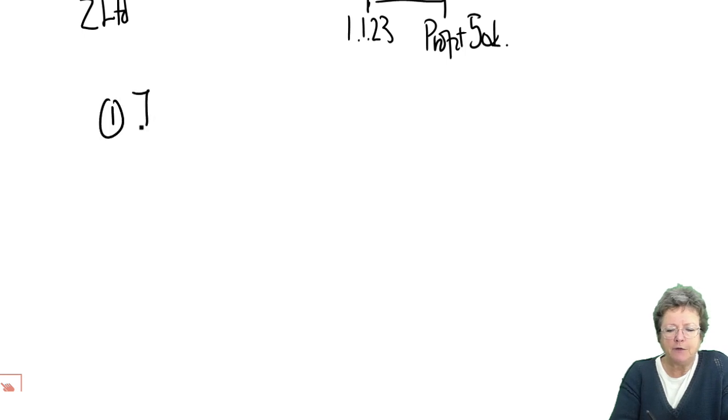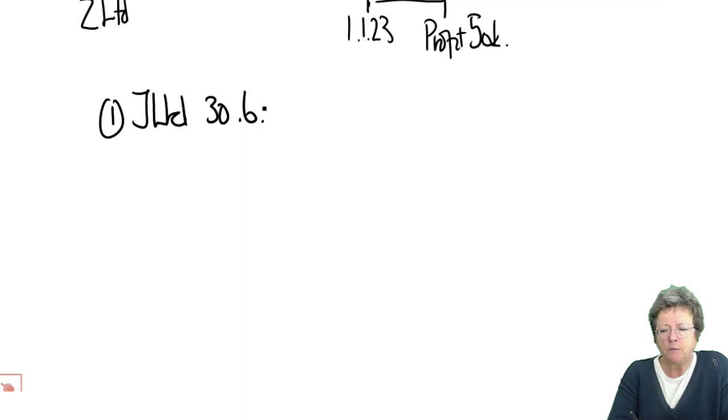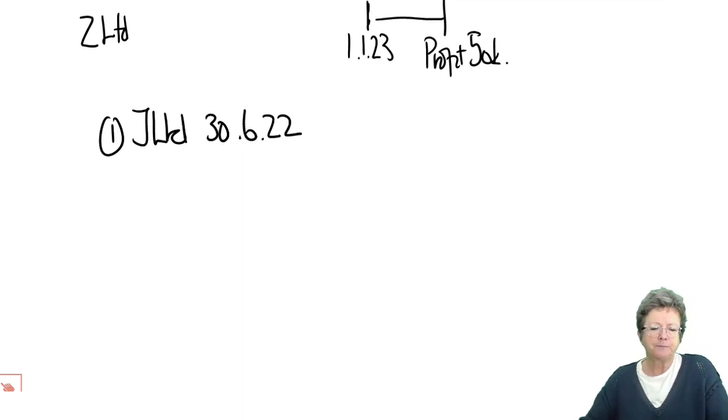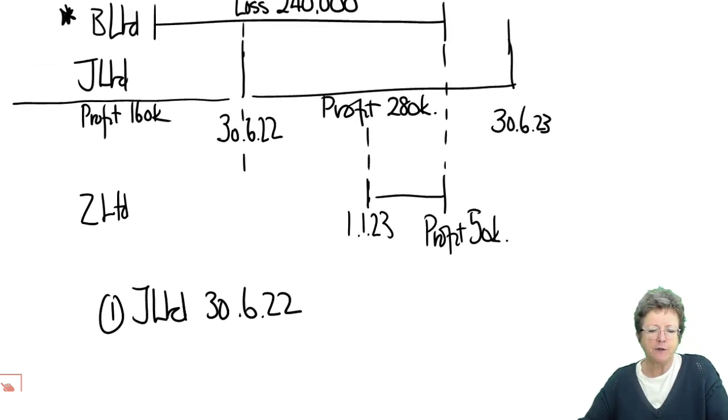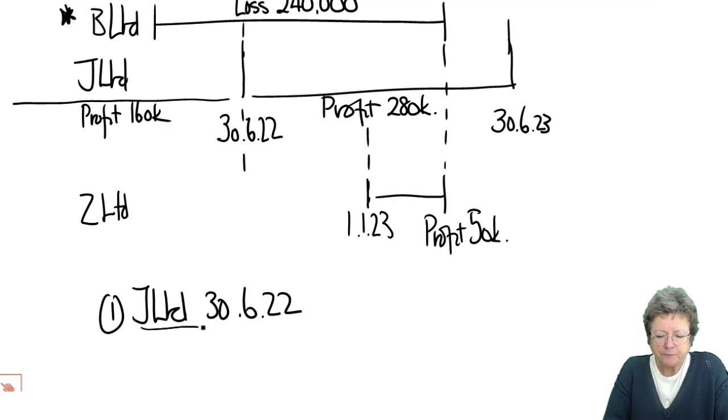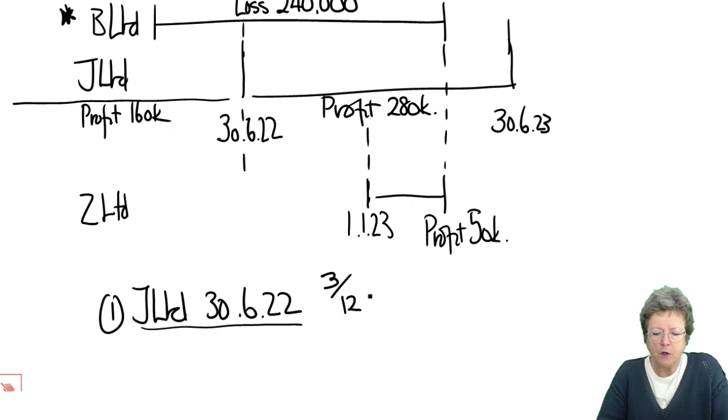So J Limited, 30th of June 22. This first set of accounts, there are 3 months of that profit of 160,000.